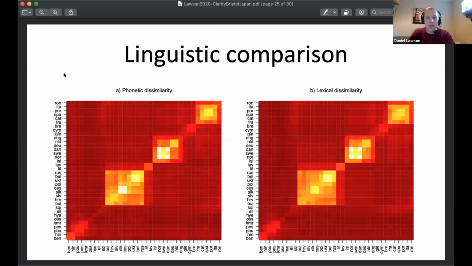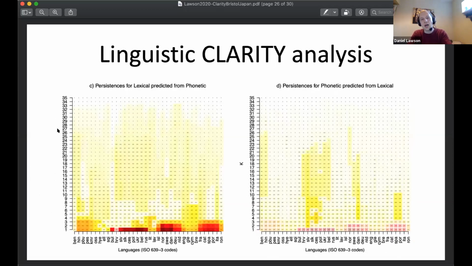The linguistic comparison is in some sense less stark. This is comparing how words sound compared to what they mean. If you look at these two matrices, you probably struggle to see any difference between them. I don't want to spend too much time on it, but what we find is that there are structural differences between these, and these all make sense too.